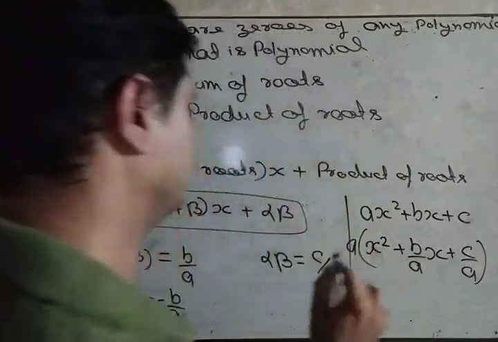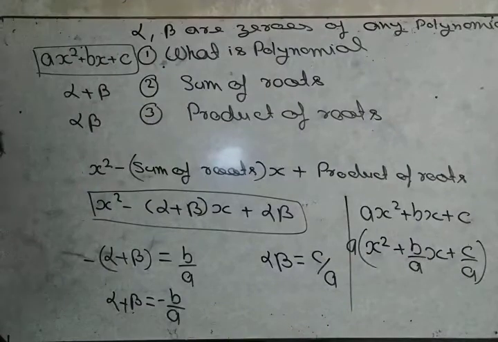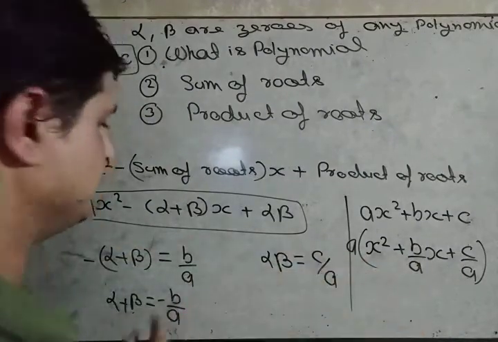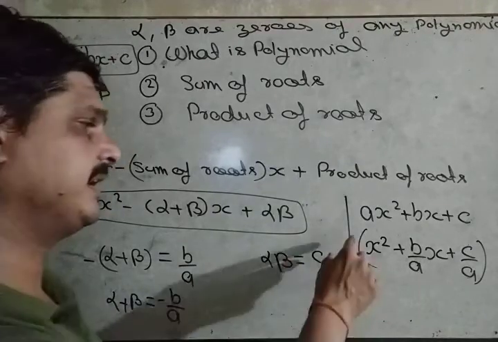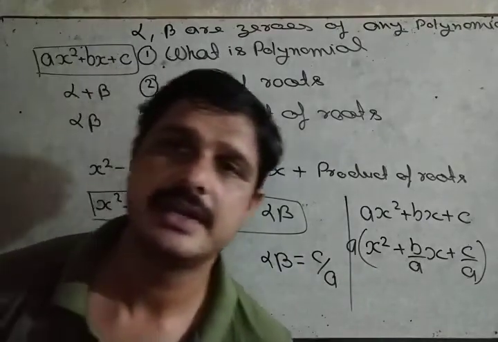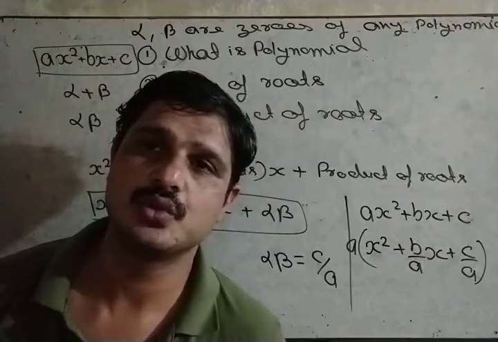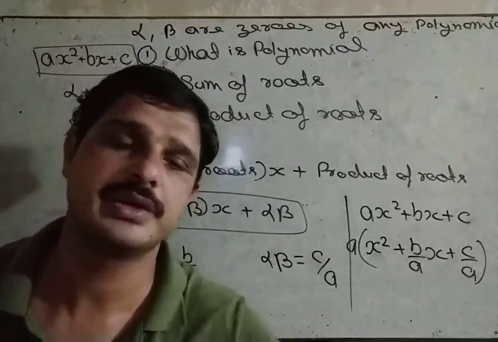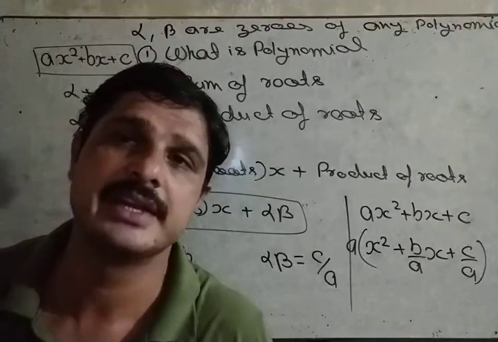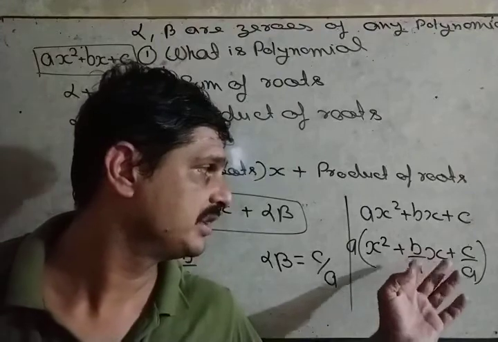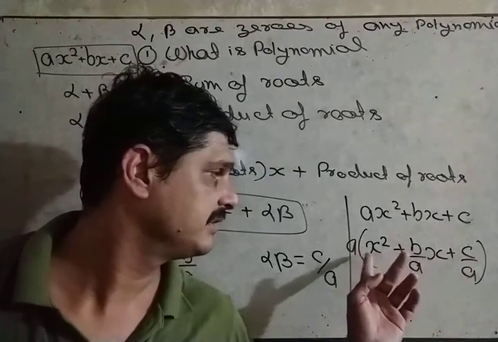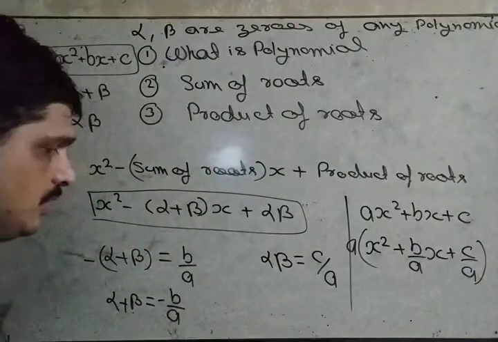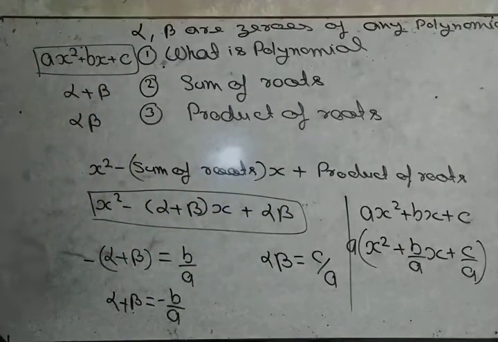If we take the coefficient of x squared as a common factor, you can see that this a doesn't have any effect on the roots. You can understand logically, because this is a ratio. A is multiplied in both, so it will be cancelled out. So this is the little bit of concept.